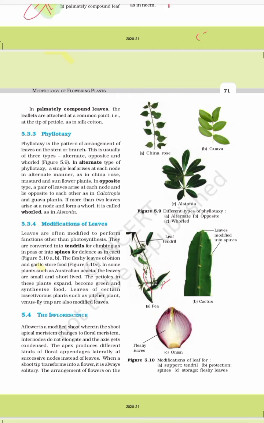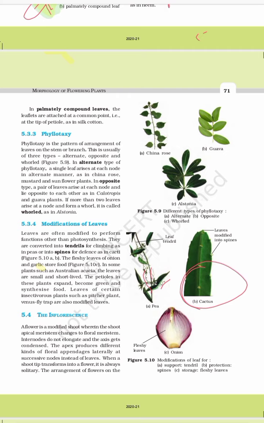Second one is leaf spines. Leaf spine means a protective structure which reduces transpiration, and it even helps in protection from animals. These occur mainly in arid region plants where they don't have much water. The third one is phyllodes.